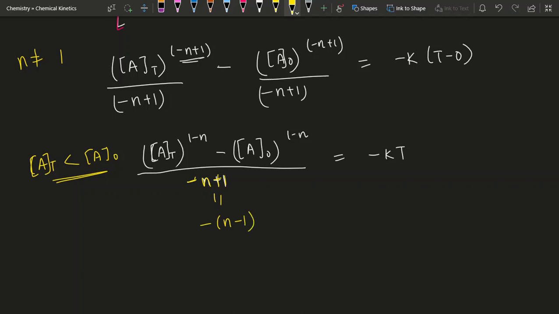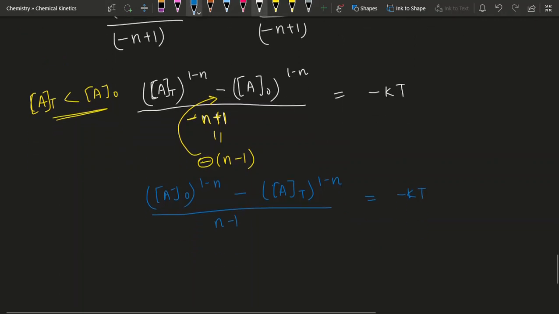You can write it like that, and this negative sign would change the signs in the numerator. So once you do that, you arrive at a naught to the power 1 minus n minus a at time t to the power 1 minus n over n minus 1 equals negative of kt.